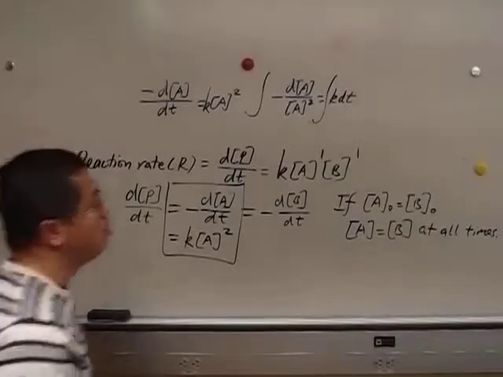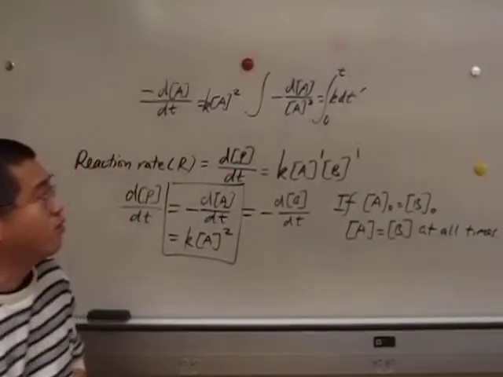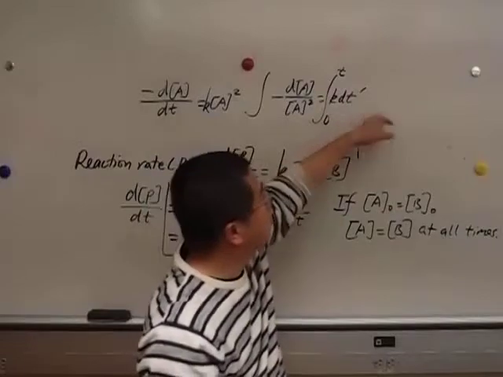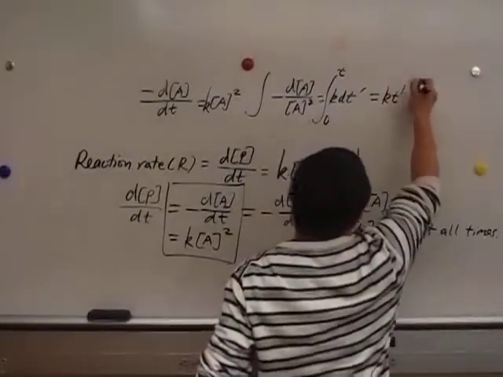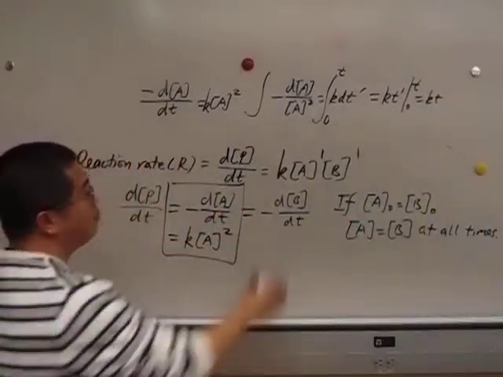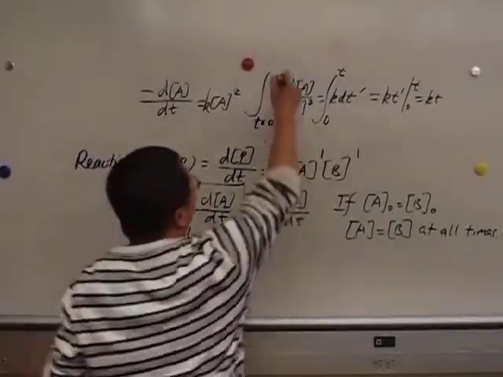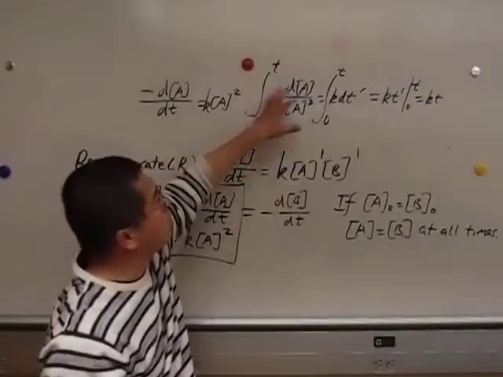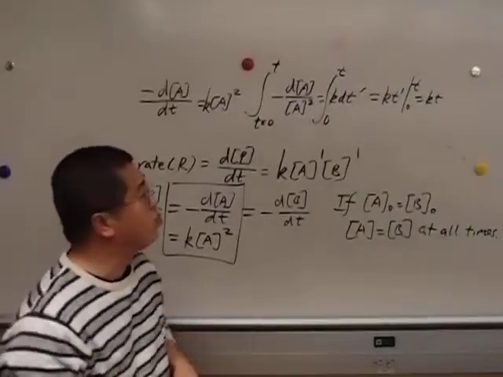I'm going to integrate from 0 to t, and to avoid confusion, I replace this dummy variable t with t prime, and t prime from 0 to t equals kt. How about this one? Again, it's from t prime 0 to the actual time t. So we integrate this. The integral of -1 over A squared is simply 1 over A.